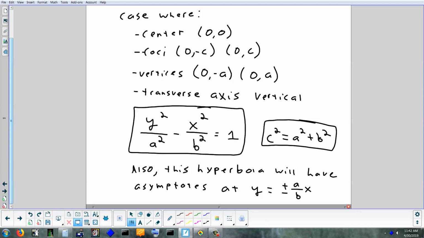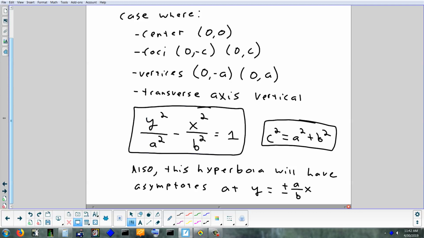Okay, so the only difference between this equation and the last one, look at the x and the y. They switched. Y is positive. X now has a negative in front.